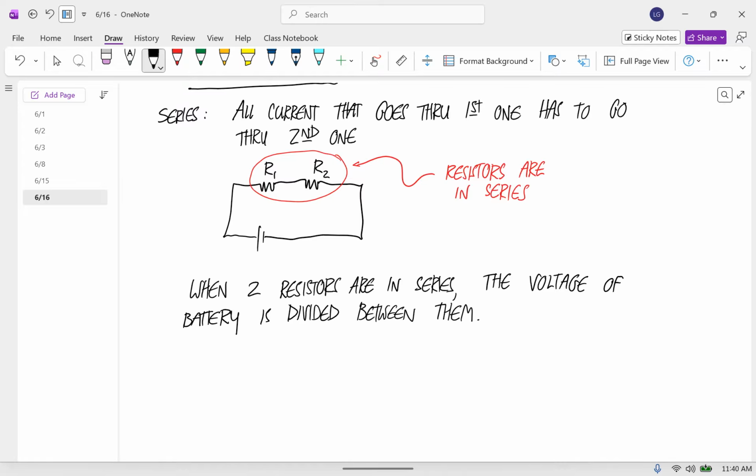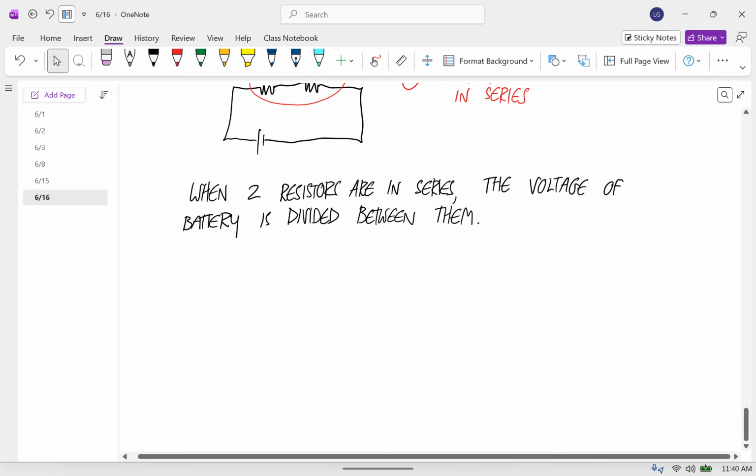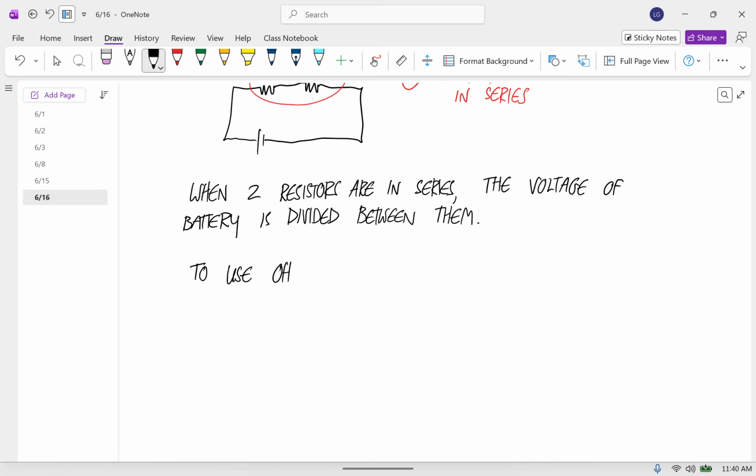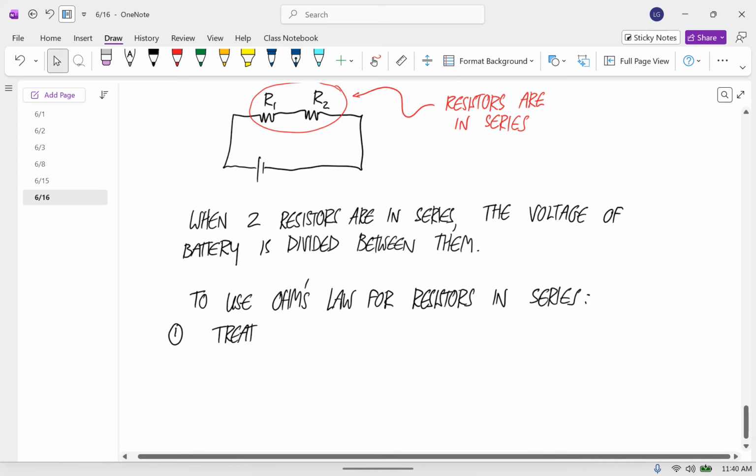Okay, so to use Ohm's law for resistors in series, the first step is to treat the two resistors as if they were a single resistor.